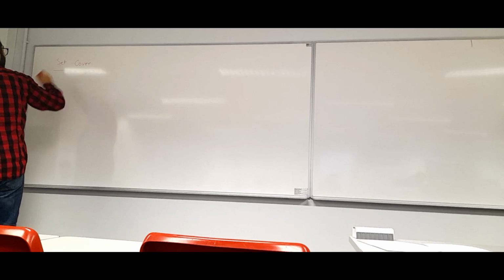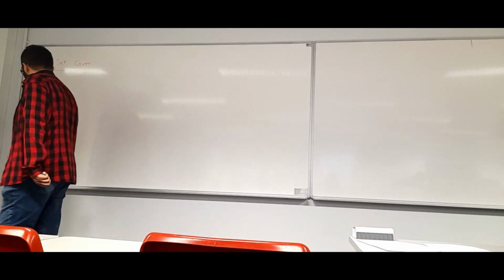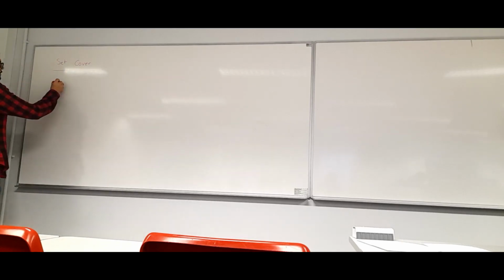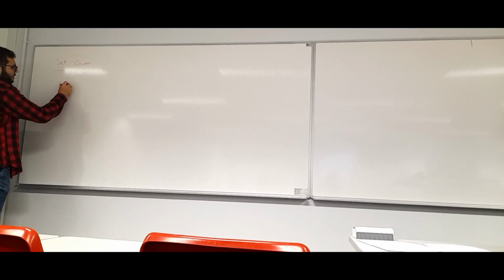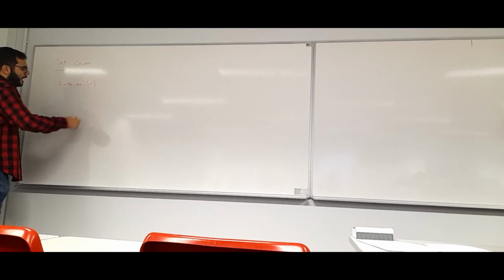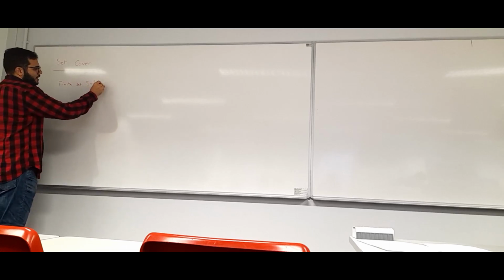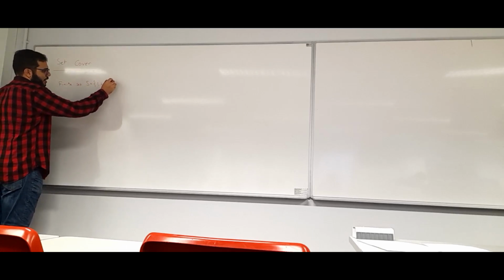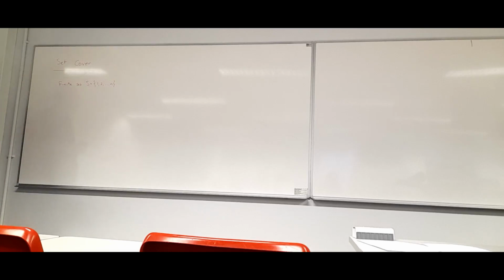Okay. Again, remember that in set cover we have a finite set. Let's call it S. And just to make matters easy, let's say that the elements are 1, 2, 3. Just number them like that.